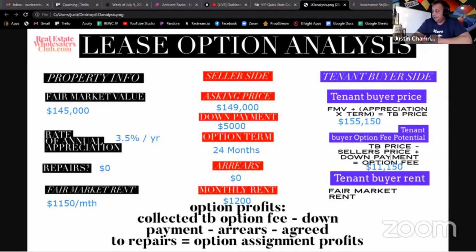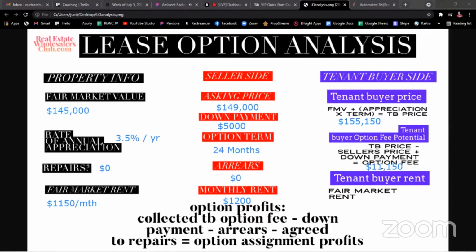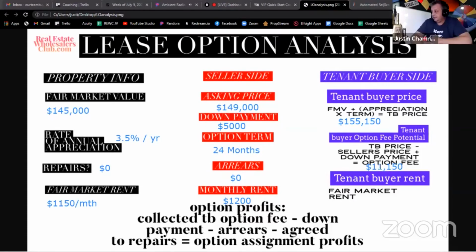Now, I don't get to keep all of this, though, do I? Nope. You've got to give the seller some. Because I got to give 5,000 of this 11,150 to the seller. So I really only get to keep $6,150 of this money. But this is the down payment I'm going to be asking for from my tenant buyer.